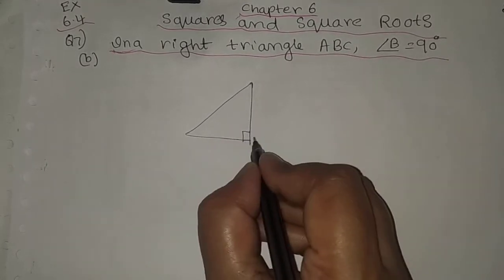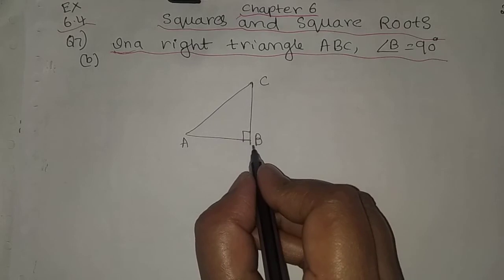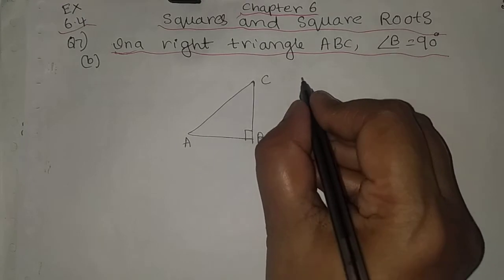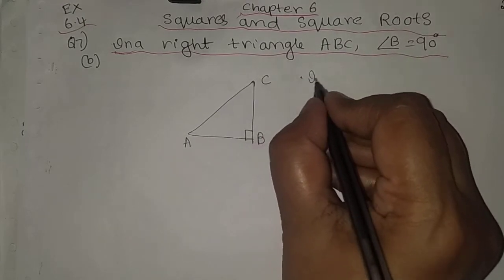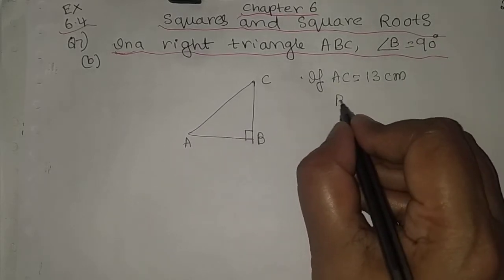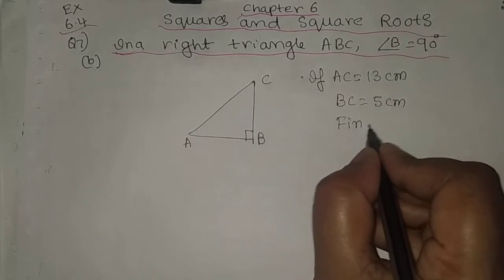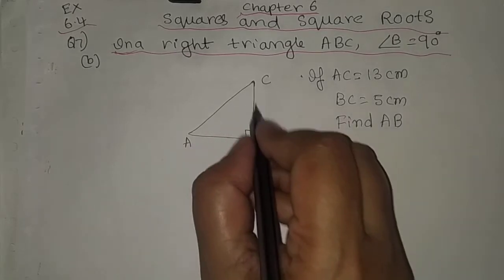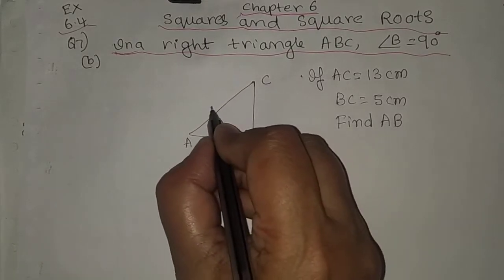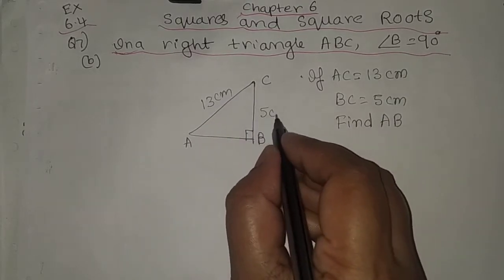So this is B, this is A, C. Therefore the data: if AC is equal to 13 centimeters, BC is equal to 5 centimeters, find AB. So this is the triangle, then B is 90 degrees. Here AC is 13 centimeters and BC is 5 centimeters.